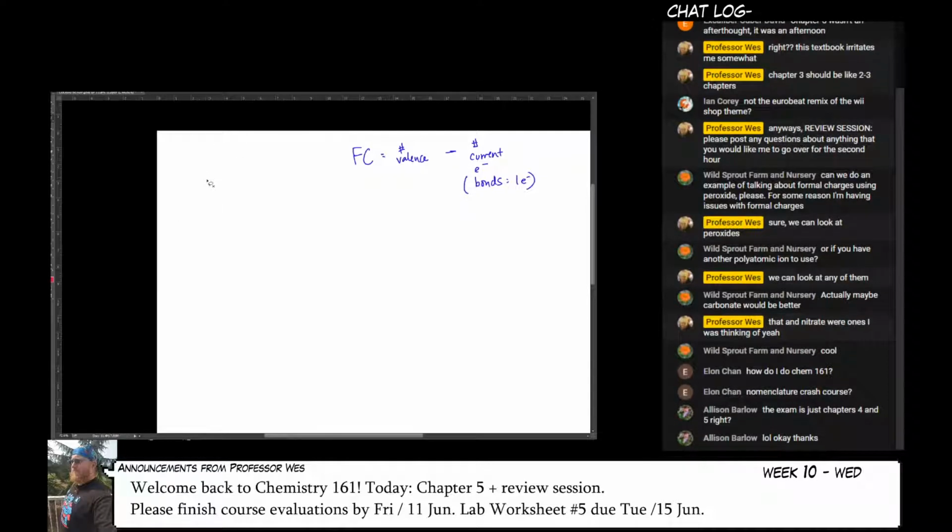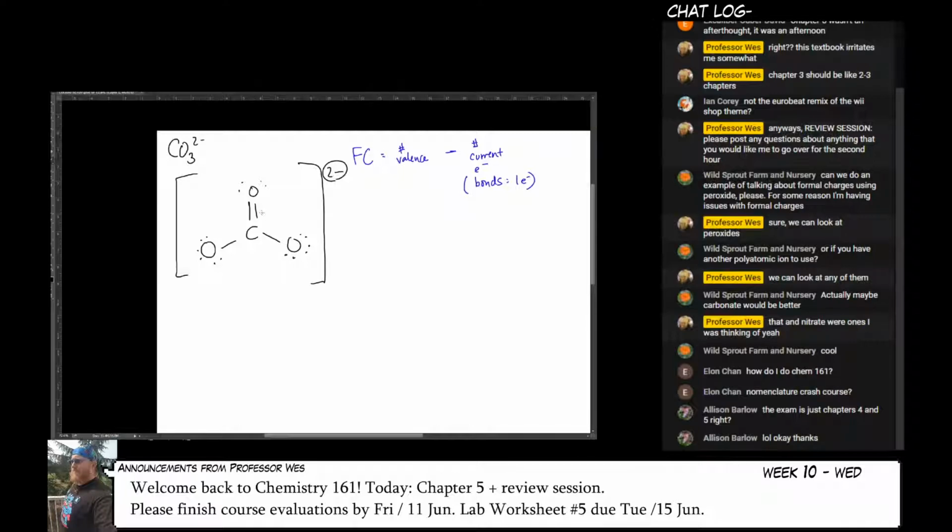So, by now you should be able to draw the Lewis structure for carbonate, and it looks like this. The overall charge is 2-, so that's a good indication of what our formal charges will sum together to be.